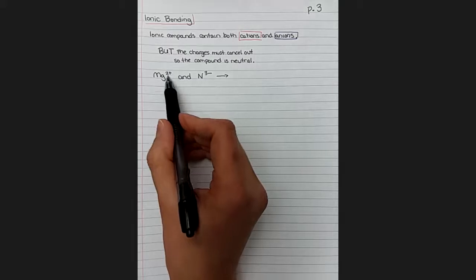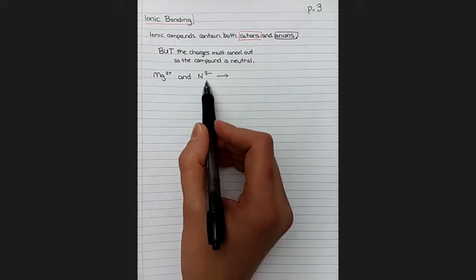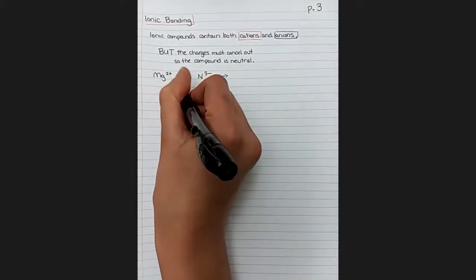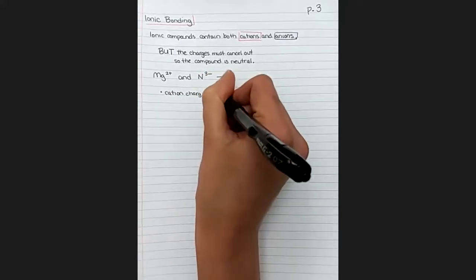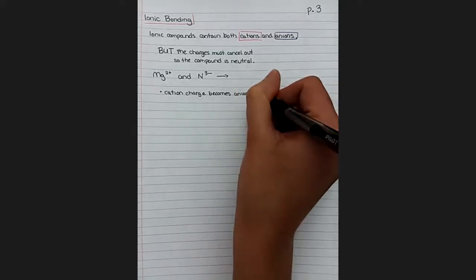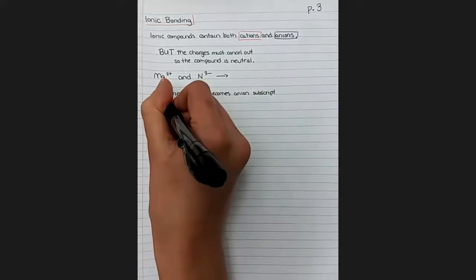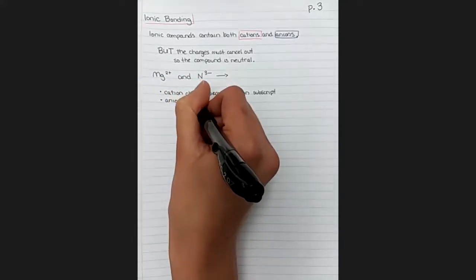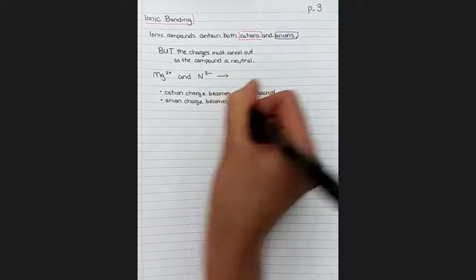You simply take the charge for each of the atoms and you place it as the subscript for the opposite ion. So we'll write that out. The cation charge becomes the anion subscript, and the anion charge becomes the cation subscript.